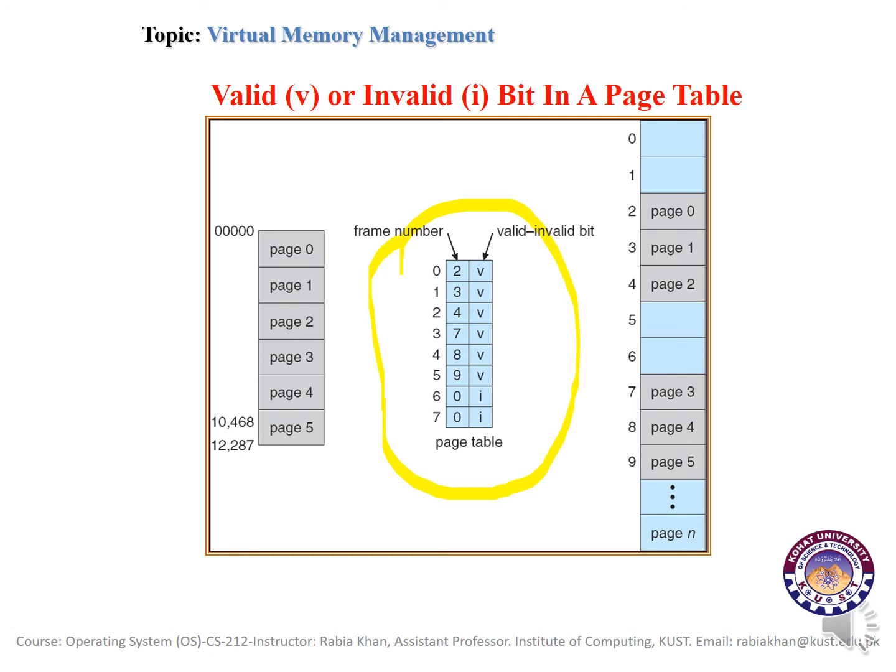So they are indicated with the letter I. The corresponding physical memory is also represented, where you can locate the 5 pages in specified frame numbers as mentioned in the page table.